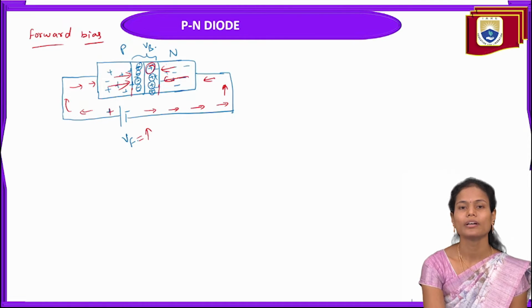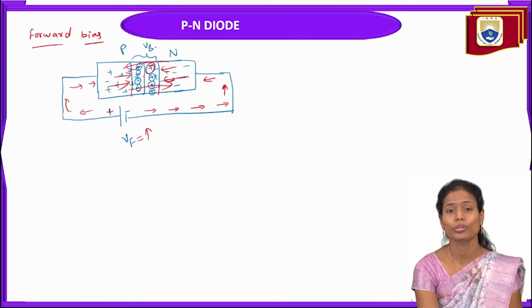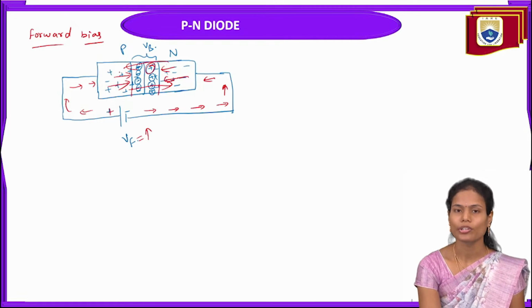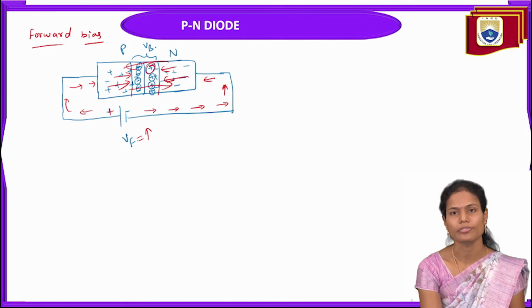Because of this movement of charge carriers towards the p type material and towards the n type material, a large movement of charge carriers occurs in the device. So there is a flow of current in the device.